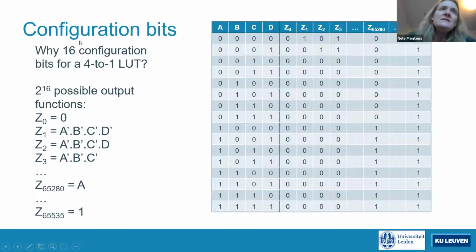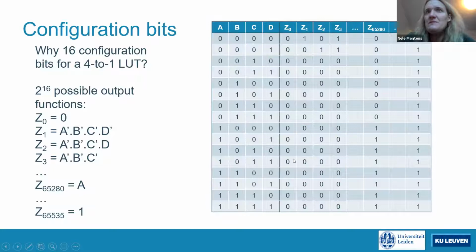Why do we need 16 bits for a 4-to-1 lookup table? Well, with 16 configuration bits, we can have 2 to the power 16 possible output functions.